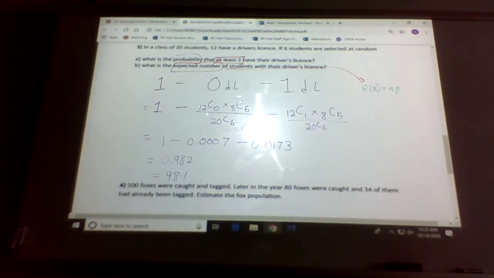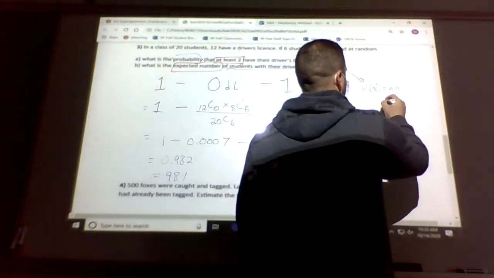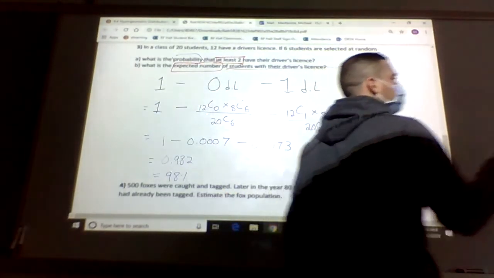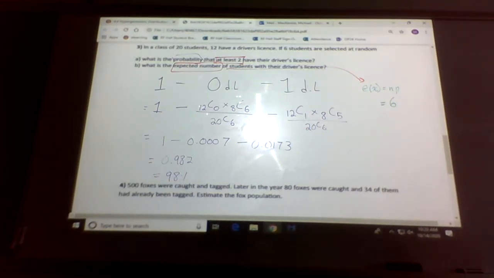Now the last one, how many should we expect? So n represents our trials, which is 6 trials here, because we're taking out 6 students. And what's the probability of the people with the license? So probability is 12 out of 20, or 60%.